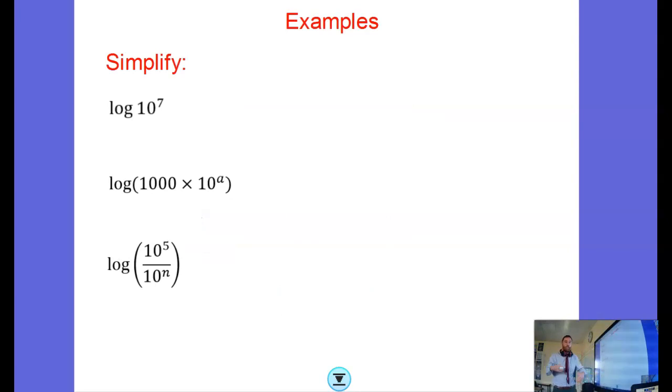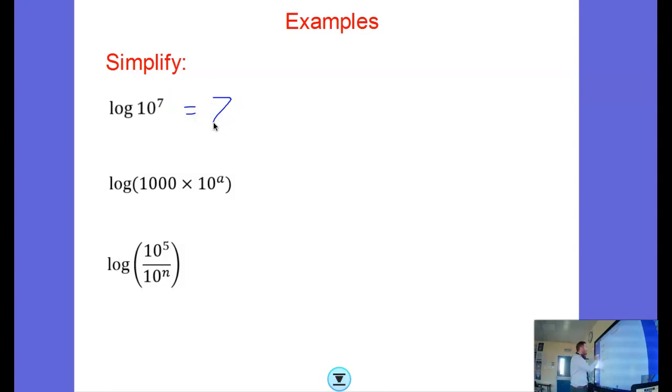Let's look at some examples of manipulating, simplifying base 10 logarithms. So, log base 10 of 10 to the power 7, well, log is saying what power of 10 gives me 10 to the power 7? 10 to the power 7. So this is just 7.